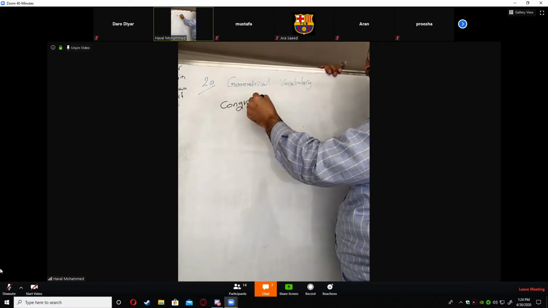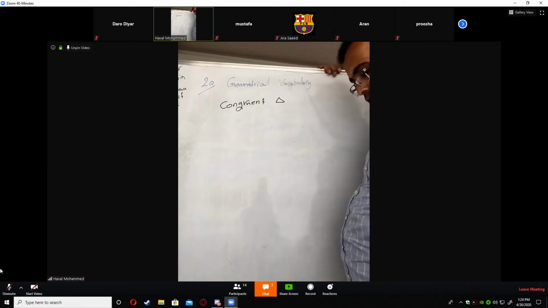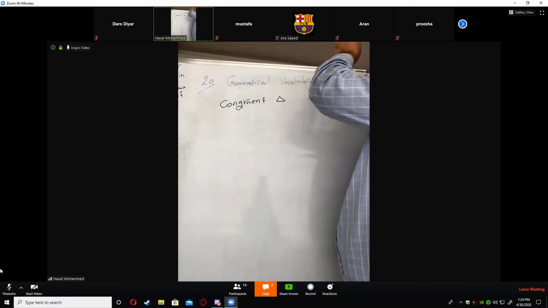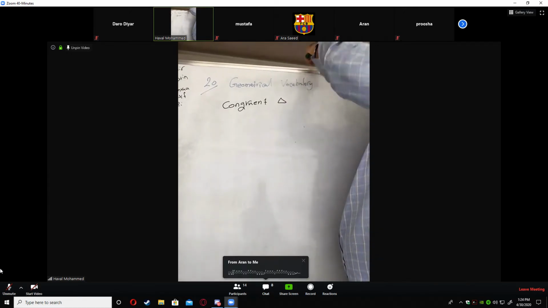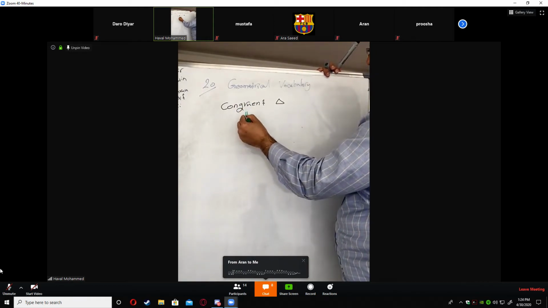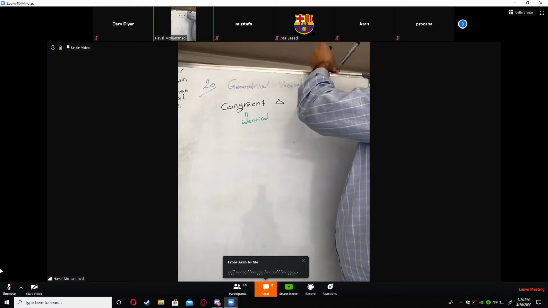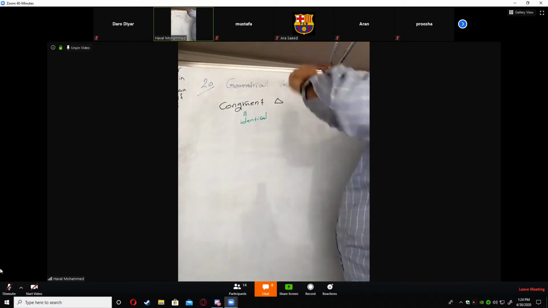Congruent triangle. Okay, what's a congruent triangle? Congruent means identical. That's why I use the equal sign. This is the meaning of congruent.